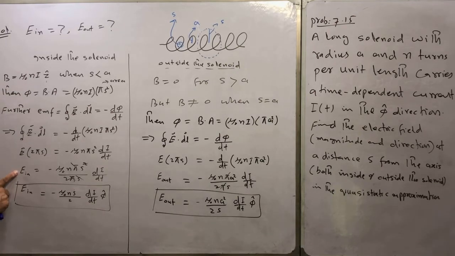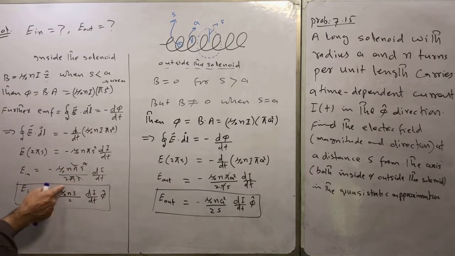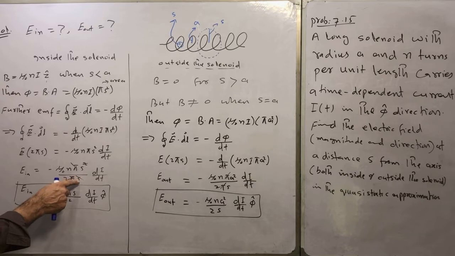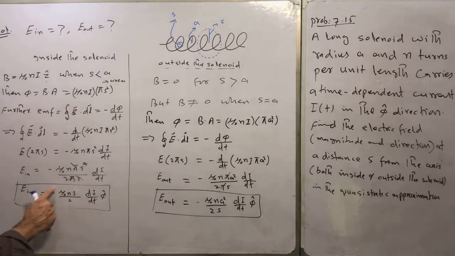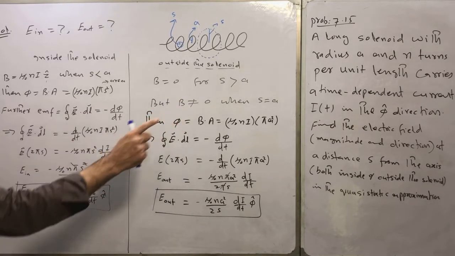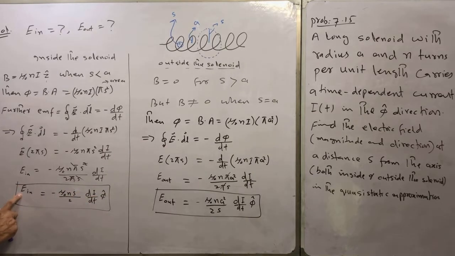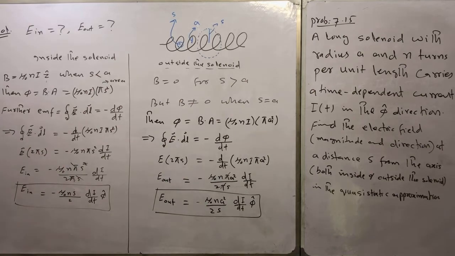E in is then equal to mu naught n pi s squared divided by 2 pi s; pi cancels, and s cancels with s. This is the final result, the magnitude. The direction of I is phi, so the electric field direction will also be in the phi direction. So this is the inside case.